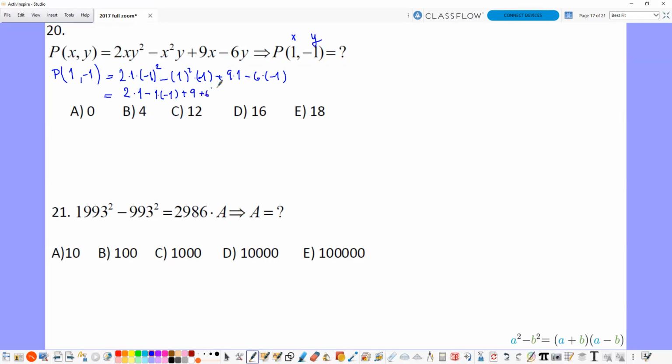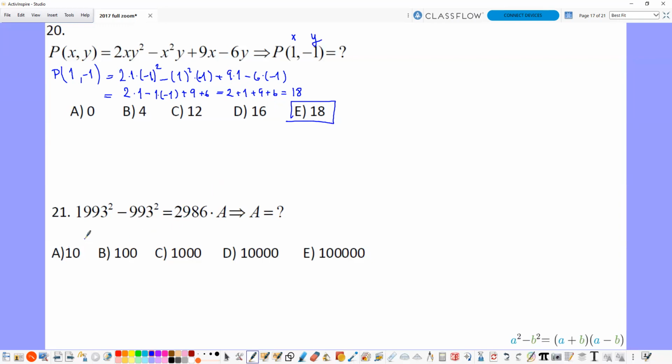So here the last part, 2 times 1 is equal to 2, -1 times -1 is equal to 1, then 9, then +6, which is equal to 9 plus 1, 10, 2 plus 6, 8, 10 plus 8, it's equal to 18.